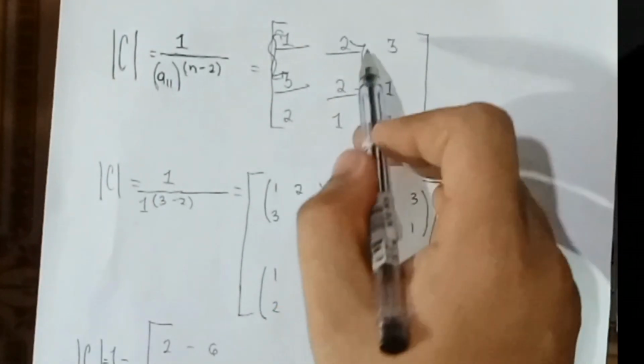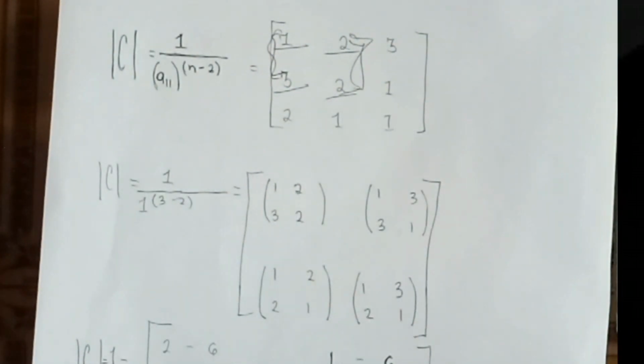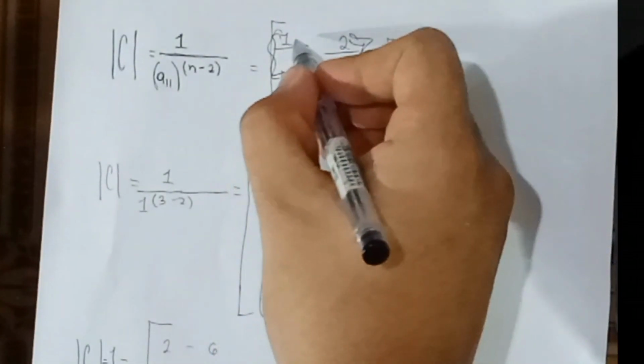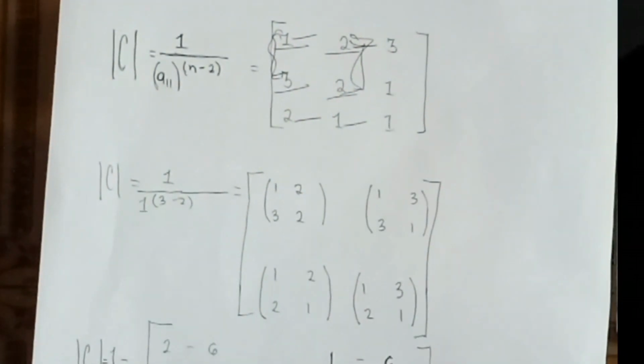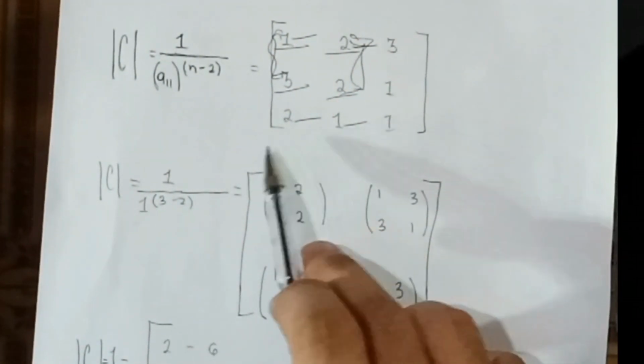Ayan, ito sila. Then, sa pangatlo naman, the first and third row, second and second column. Ito siya, 1, 2, 1, then 2, 2, and 1. Kaya siya naging ito.